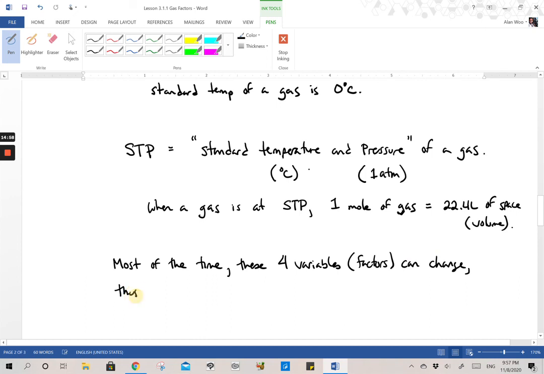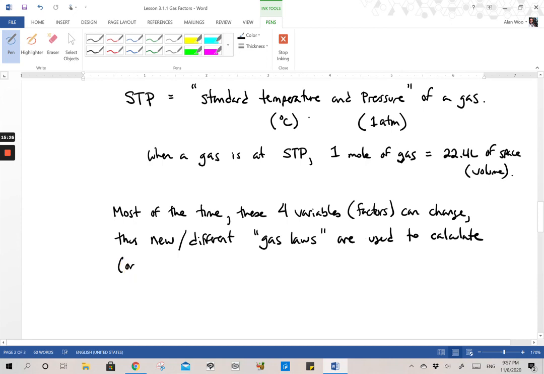Thus, new or different gas laws are used to calculate or predict how these gases behave.